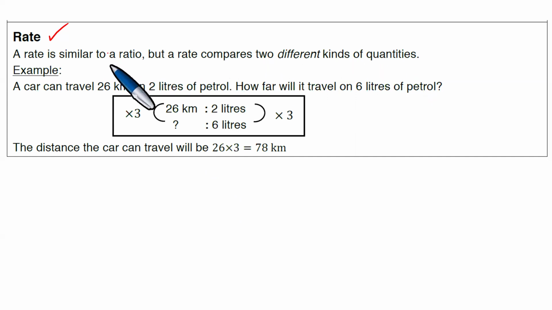Many times learners can ask, what is the difference between a rate and a ratio? A rate is similar to a ratio, but a rate compares two different kinds of quantities.